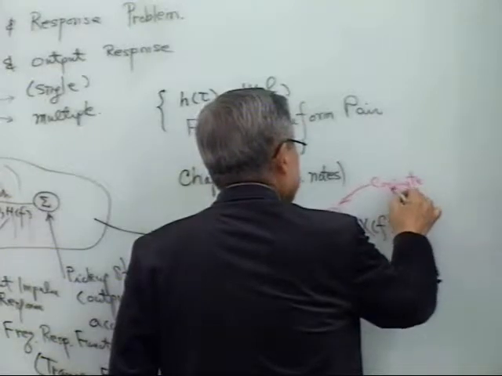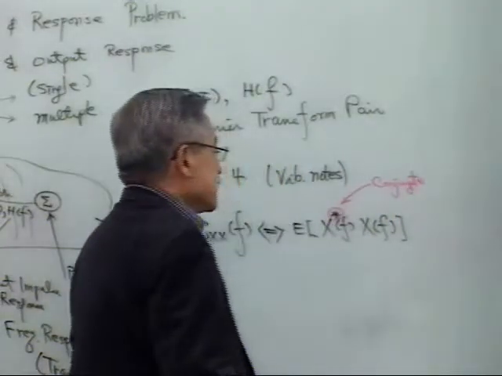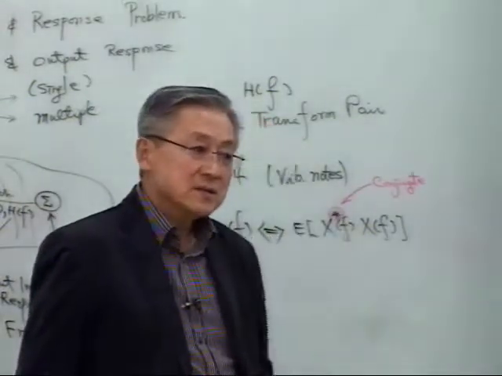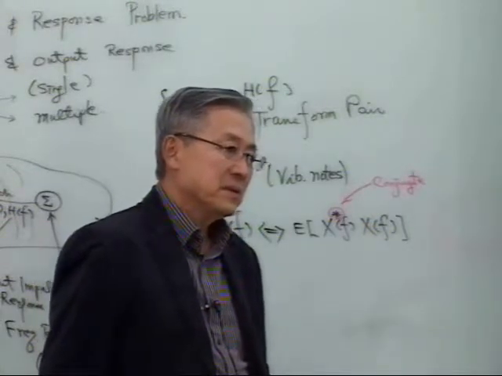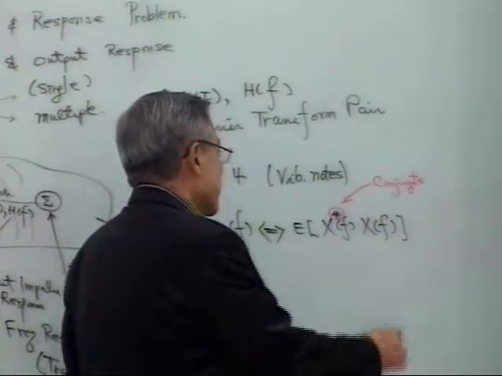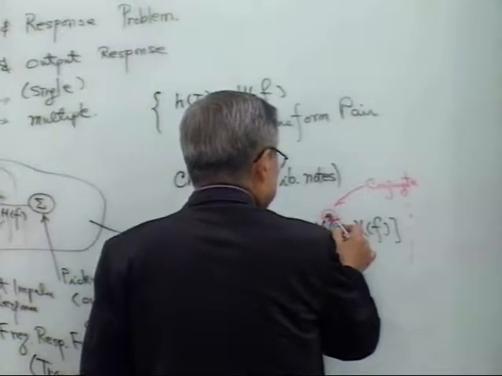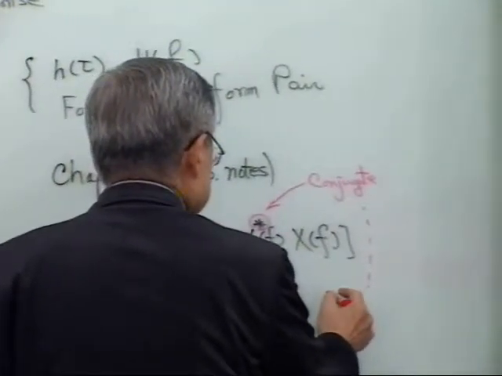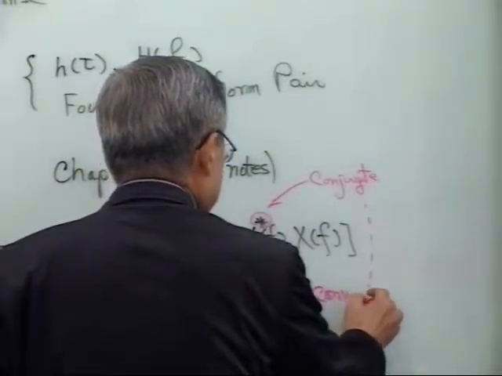Here, of course, this is a conjugate. Simply speaking, change j to minus j. But another meaning I'm going to use today, right away, is convolve.